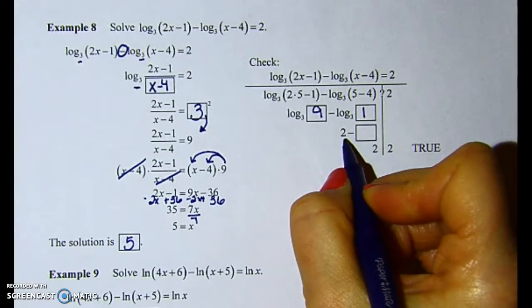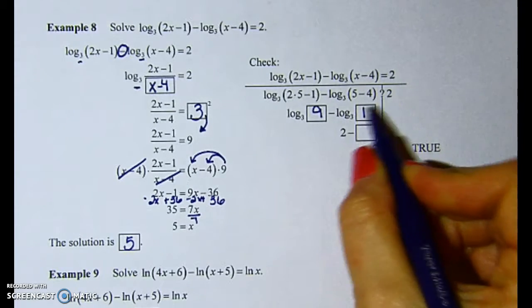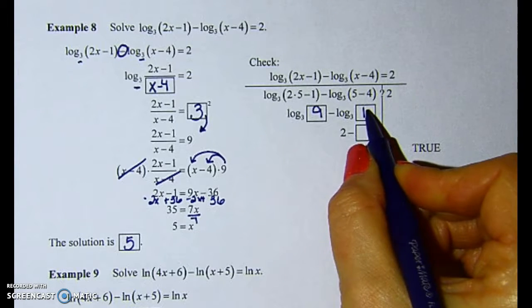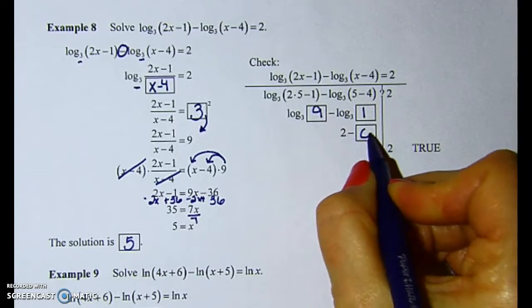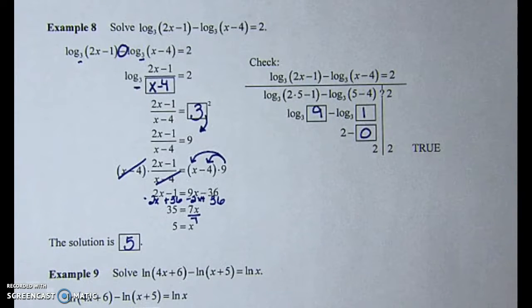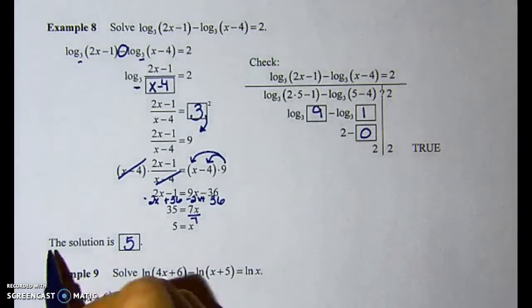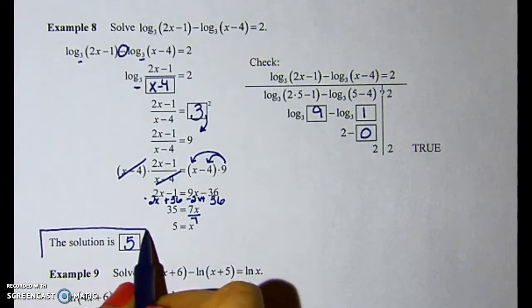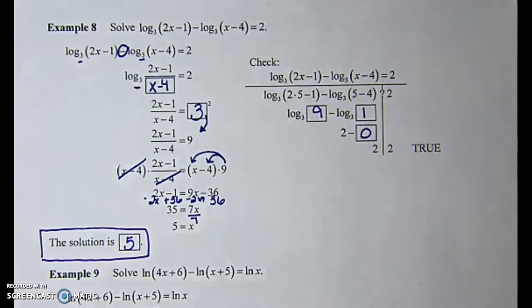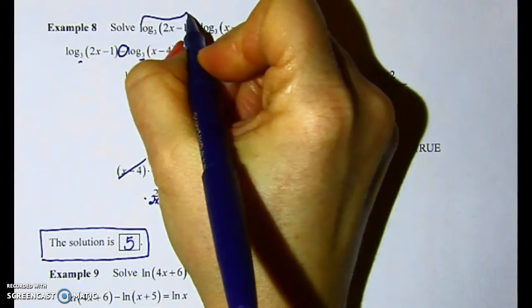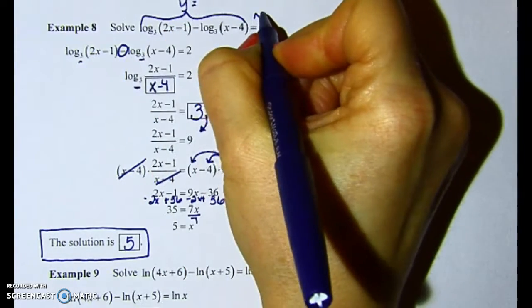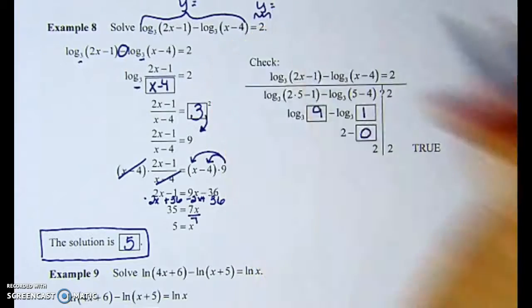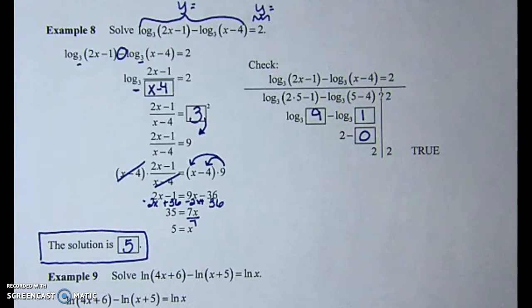That would be 2. 3 to the power of what would give me 1? Well, we know anything to the 0 power is 1, so 2 minus 0 is 2. We get a true statement. We could solve this using the intersect method by setting this side equal to y and the right side equal to y, and deciding where they would intersect one another.